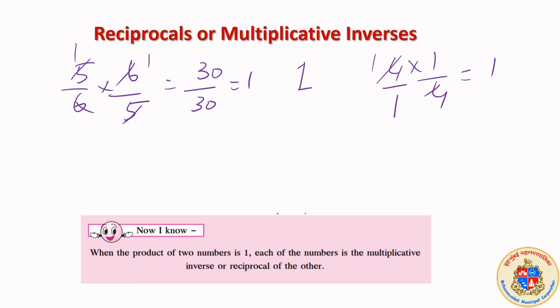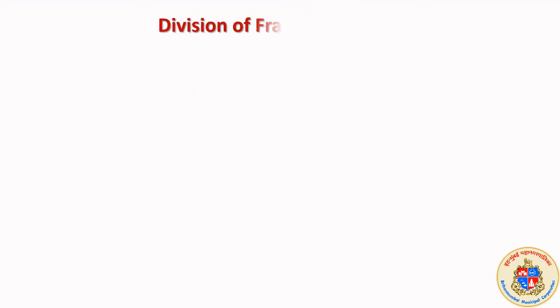When we do multiplication, if you multiply with reciprocal, you will get the answer 1. Please remember that. 7 upon 3 from your textbook, 3 upon 7, and it is equal to 1. So reciprocal or multiplicative inverse means you will write the denominator to numerator, and numerator to denominator. The multiplicative inverse you got. Very simple. We require this. That you will come to know now.